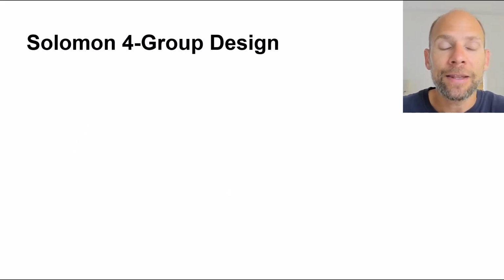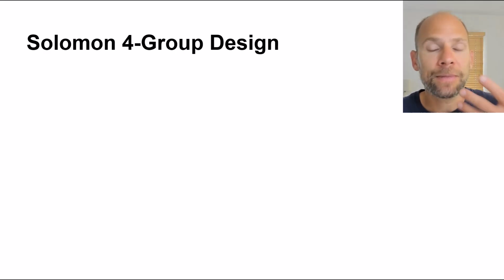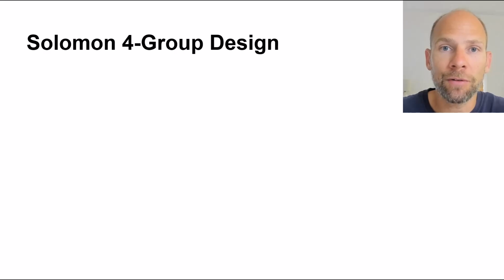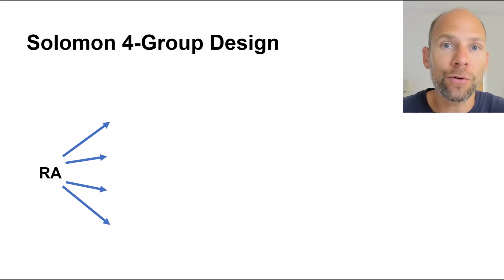And therefore there is another design that's called a Solomon 4-group design that's considered one of the strongest experimental designs for showing causality, because it does take into account the issue of a potential pretest effect, by having 4 groups. So once again, we have random assignment, but this time to 4 groups.